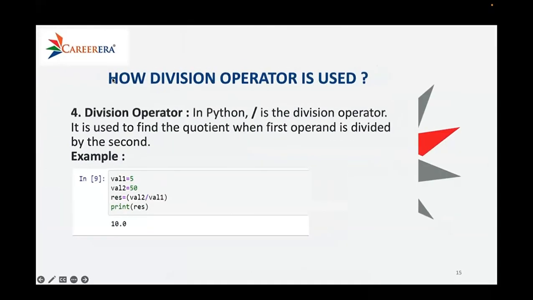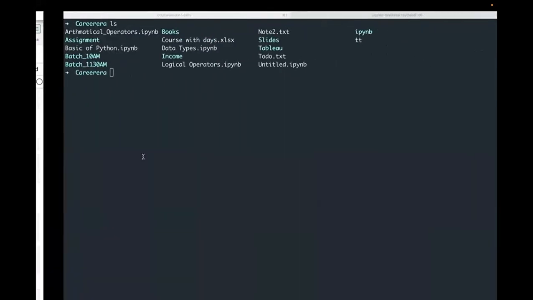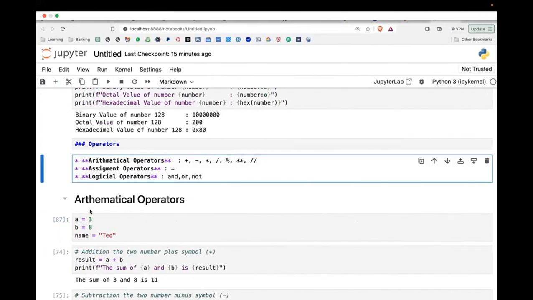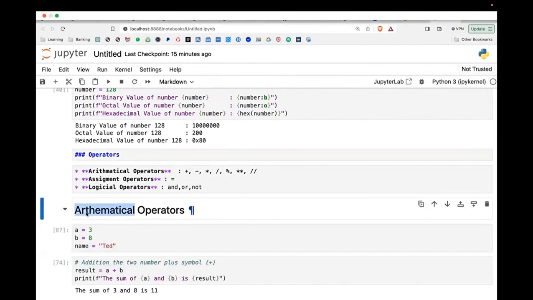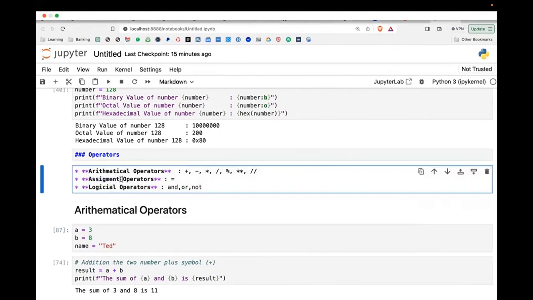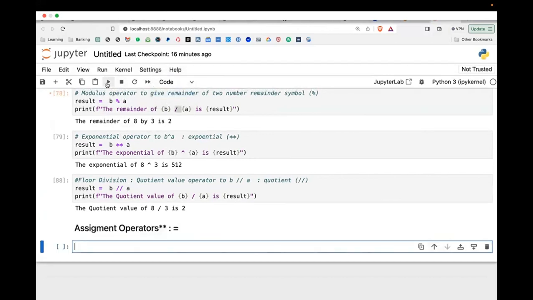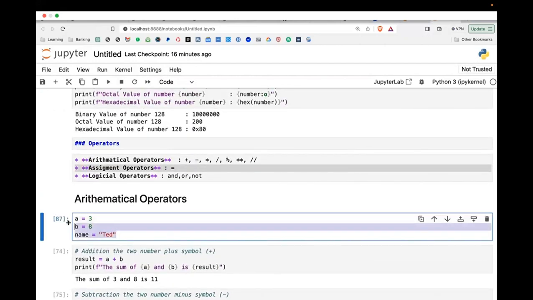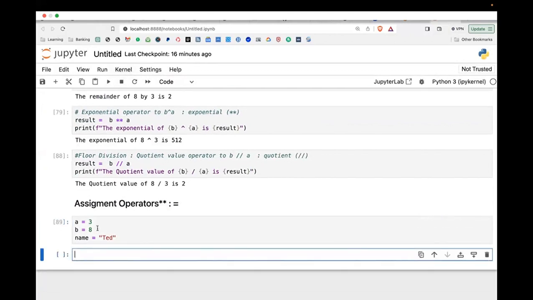Just give me one minute. What exactly was I doing? I was trying to give you more examples. Assignment operators, what was the assignment operator after that? This is called the assignment operators. For example, a equal to this, the same thing which they were doing here. It is called the assignment operator example for you.